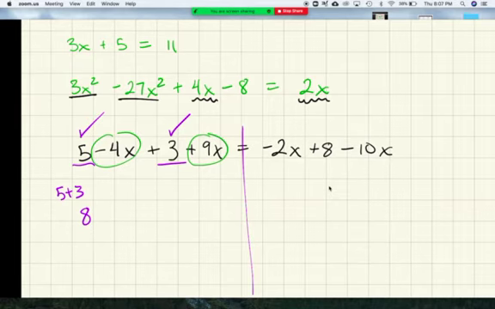Okay. For the negative 4x and the positive 9x, the 4 is negative, this is positive. So the way you combine them is just 9x minus 4x. You just deal with the positive 9 and negative 4. So like 9 minus 4, 9, 8, 7, 6, 5. That would be positive 5, and then you tack on the x again.